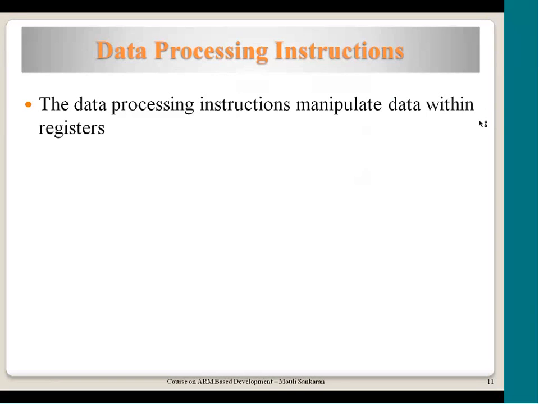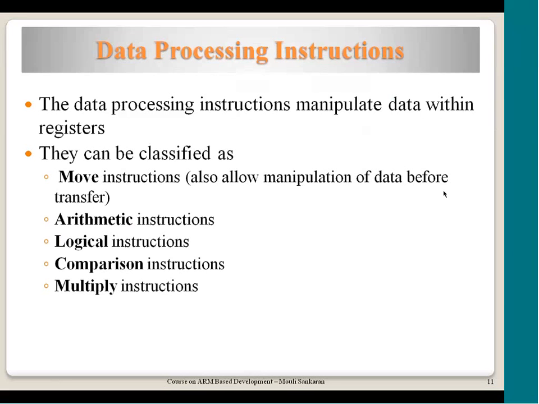So these instructions manipulate data within registers. There are different classifications. A simple move instruction. Why do move instructions come under data processing instructions? Because the move instructions, which help in transferring between registers, can manipulate the data using the barrel shifter.